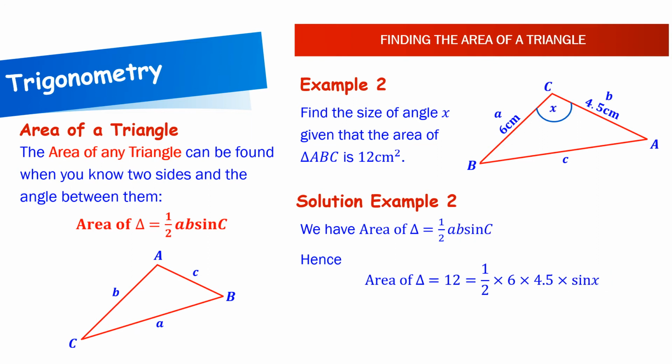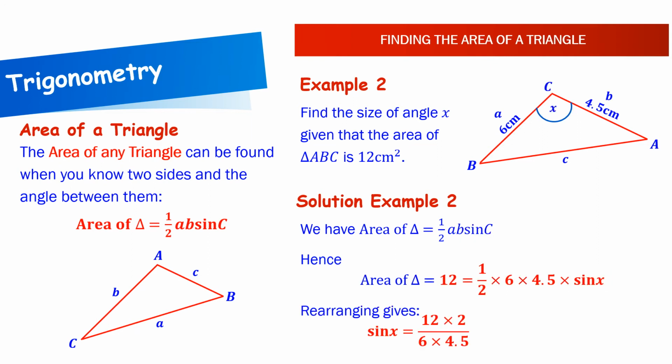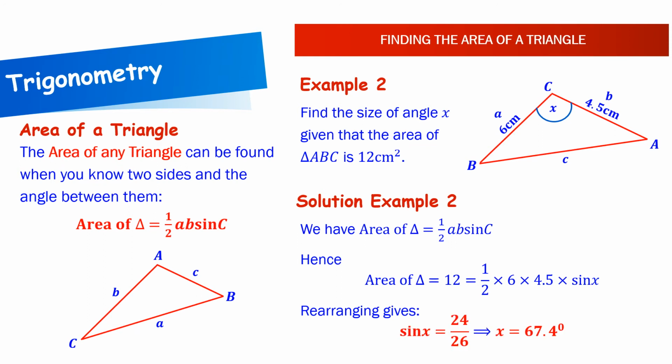Rearranging gives us that sine x equals 12 times 2 over 6 times 4.5, which equals 24 over 26. And therefore, if we inverse sine this expression, we obtain that x equals 67.4 degrees.